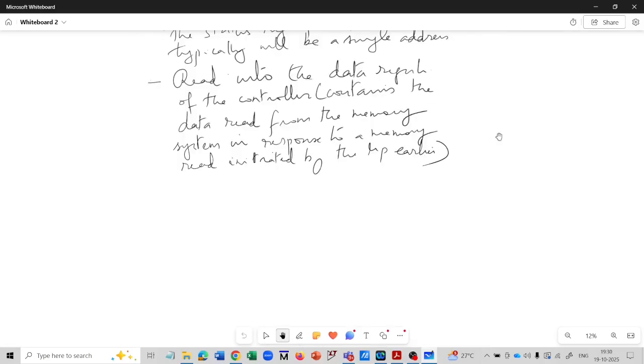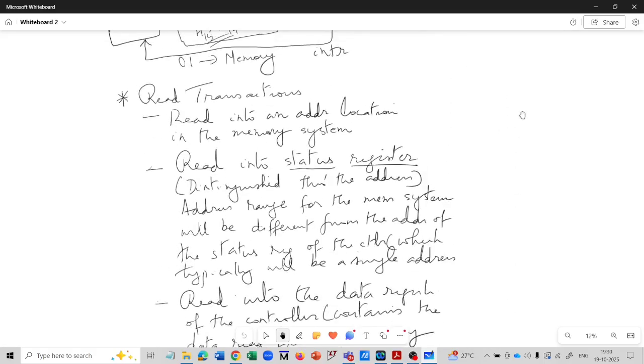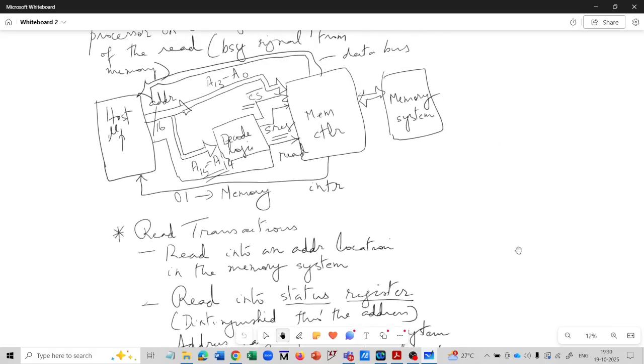So the read into the data register requires a dedicated signal, just like the SREG. It requires a dedicated signal which indicates that the data register is to be read. Let us call the signal DREG.